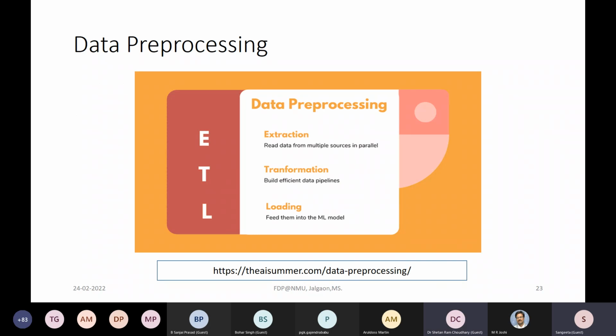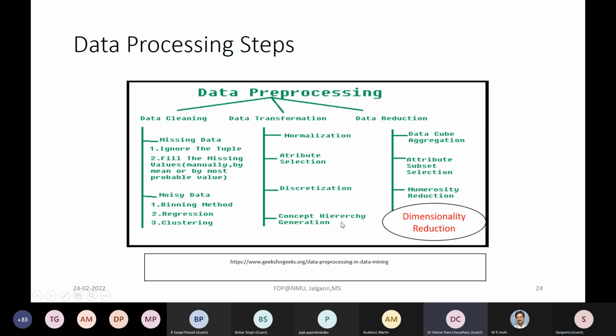I don't have to tell computer teachers what ETL is. You all know about data pre-processing, correct? How data is extracted from multiple sources, building efficient pipelines, and then feeding them into a machine learning model. In data pre-processing there is data consolidation, which is not mentioned here, where data is collected and cleaned.